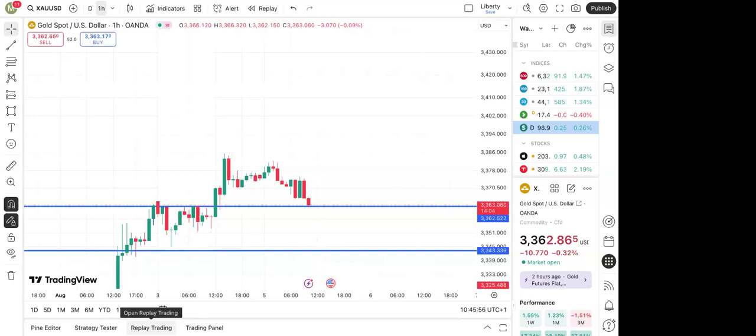Now that we are on 1 hour, we can see where it's trending. And at this 1 hour, we would like to take a point of interest from where the price is now to the nearest zone, which is the end of the week.